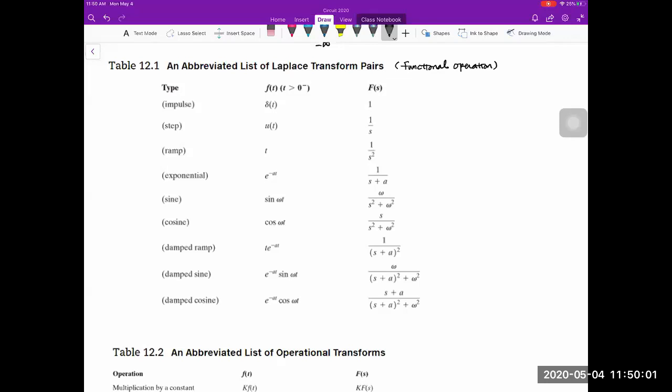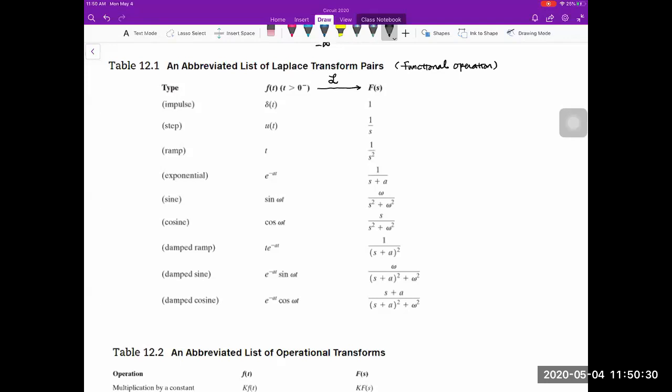So if you have a function f of t, this symbol represents doing a Laplace transform. The result, F of s, is on the right-hand side. The right-hand column represents the Laplace transform, and the left-hand side is the function in the time domain. One is in the time domain, and one is in the s domain, the transform domain.